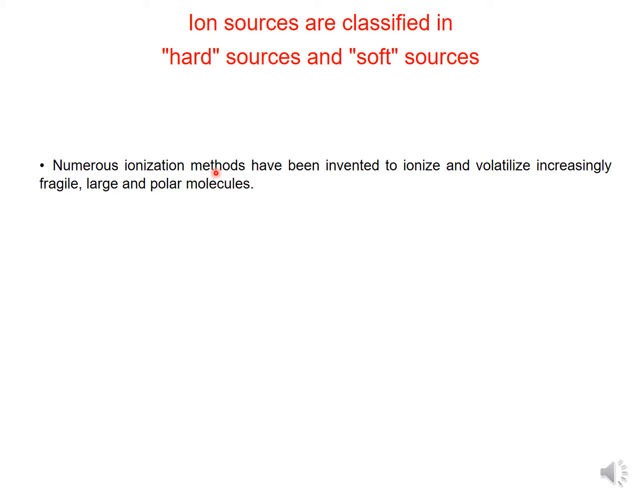Numerous ionization methods have been invented to ionize and volatilize increasingly fragile, large, and polar molecules. So today, we have a lot of possibilities to perform the ionization and the volatilization of different types of molecules, as fragile, large, and polar.